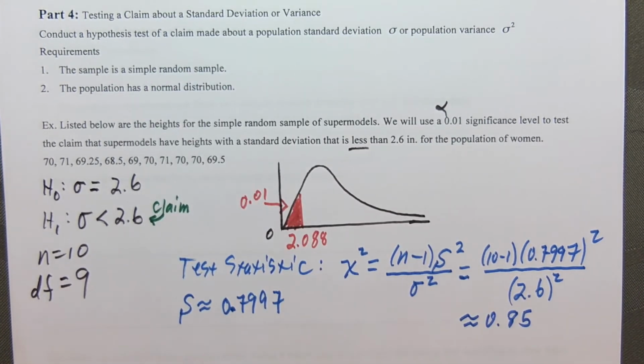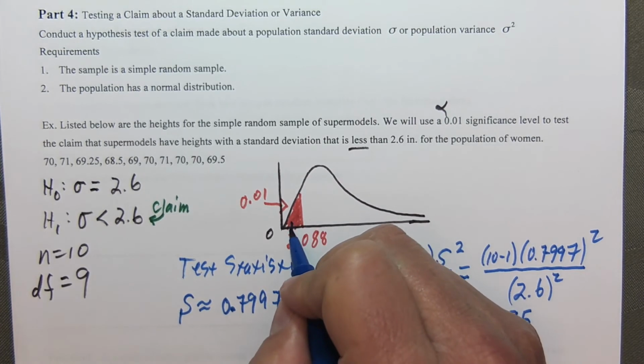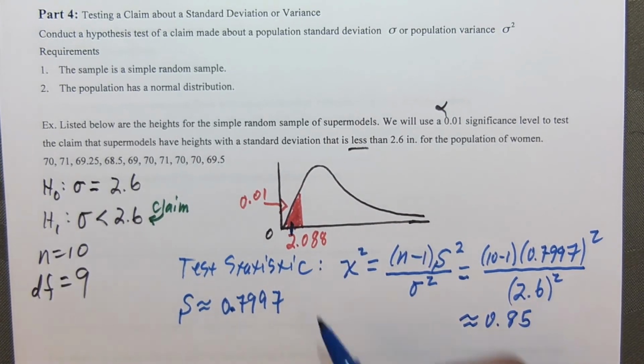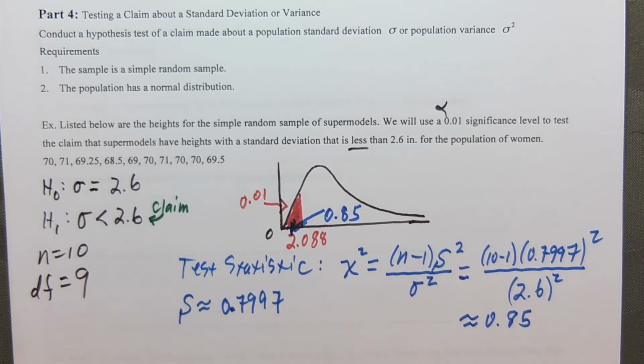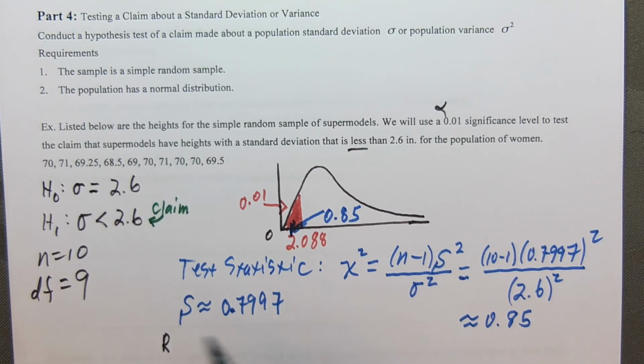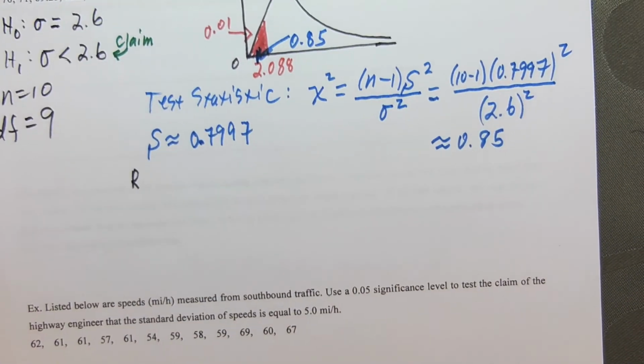And you will note 0.85 is in the critical zone. So because it's in the critical zone, we are going to reject the null hypothesis.